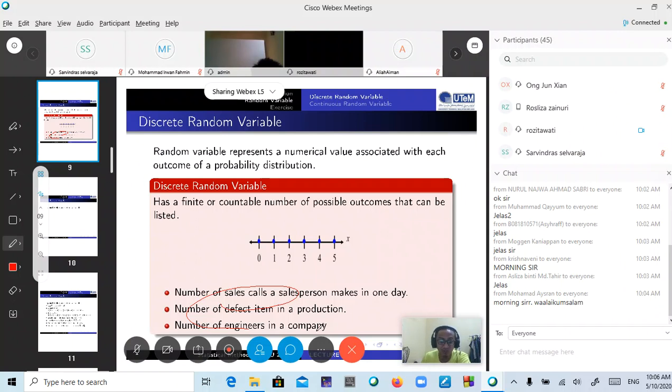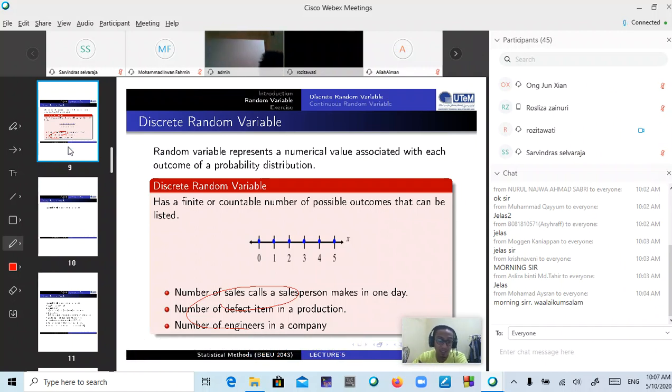Of course, we can count engineers too. This one is a human, there will not be decimals for people. So this we call discrete. Discrete is something you can count. It is not in decimal form. It must be a countable number, an exact value. So that one we call discrete.